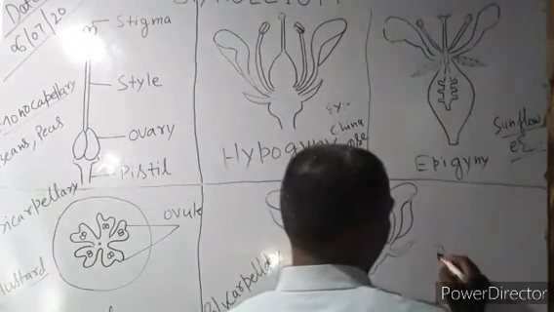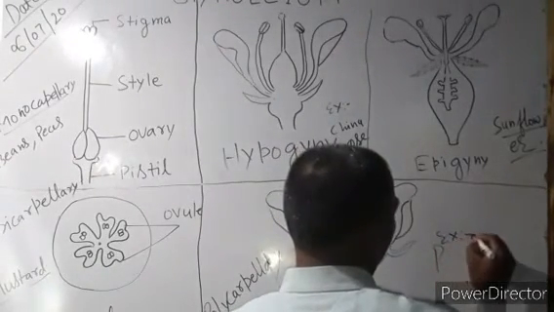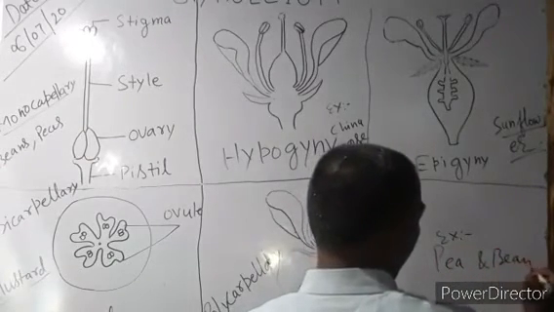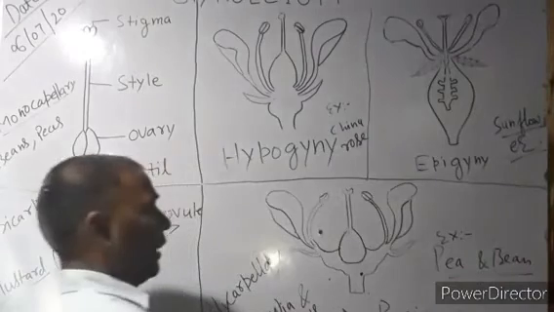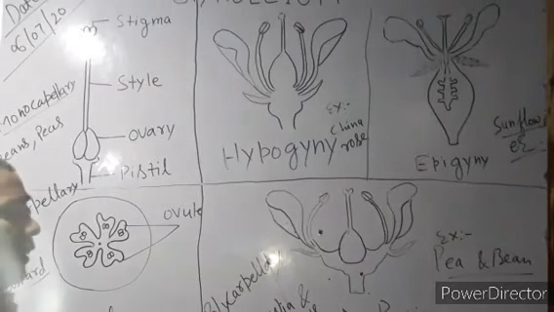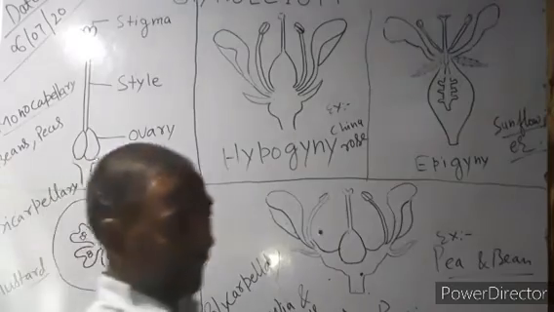The best examples of perigynous conditions are pea and bean.